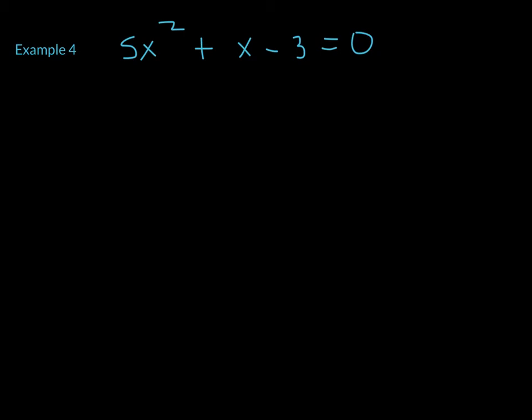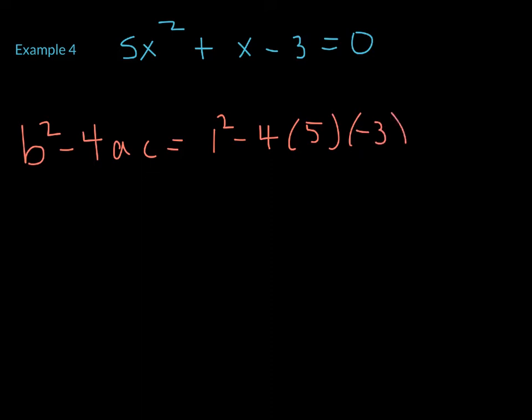All right, the last one like this: 5x squared plus x minus 3 equals 0. I'm happy this is set equal to 0 already, so I'll evaluate b squared minus 4ac. So I got 1 squared minus 4 times 5 times negative 3.